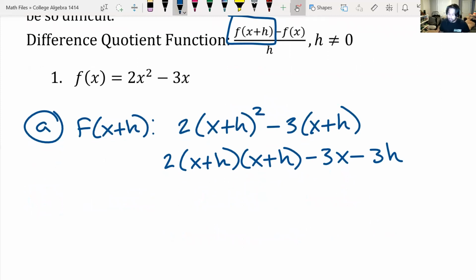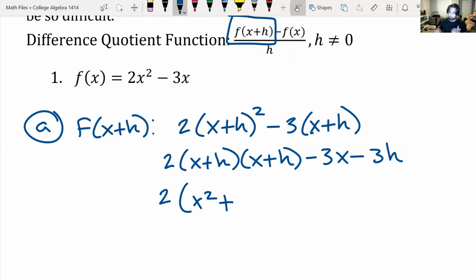Don't forget the 2 outside. 2 times, and when you FOIL this, you're going to get x squared plus xh plus hx, which are the exact same thing. Since these 2 are the same, just go ahead and combine them already.